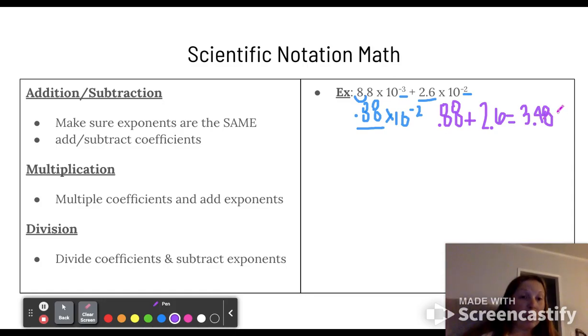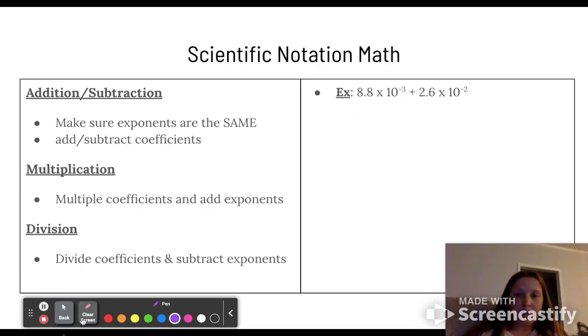That is still between 1 and 10, so that's good. And now all we have to do is add times 10 to the negative second. The exponent does not change here. Okay, so that's all you have to do. Make sure your exponents are the same. So you may have to move your decimal while you're trying these.